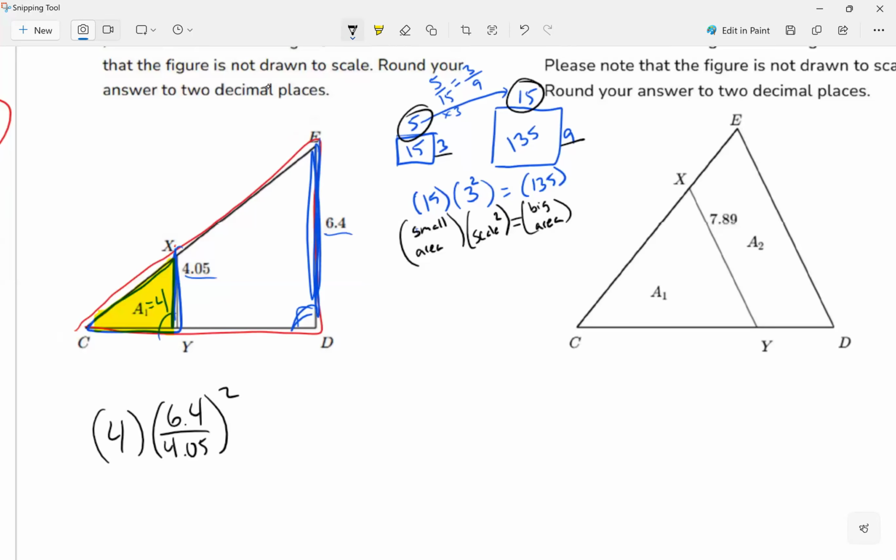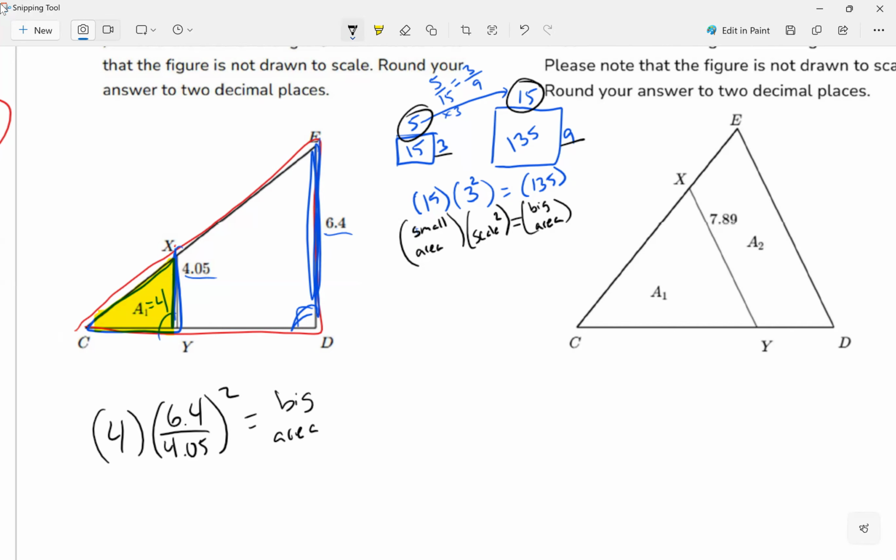I don't need to figure out what 6.4 divided by 4.05 is right now. I'm just writing my scale because that's probably going to give me a long decimal, and I don't want to deal with that. And this is going to be the big area, and that's what we're solving for, right?